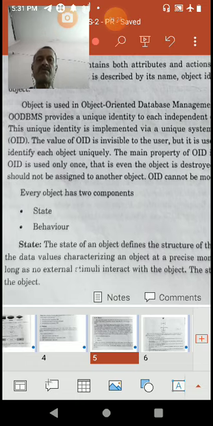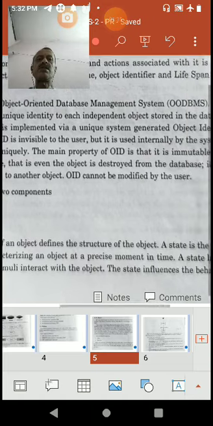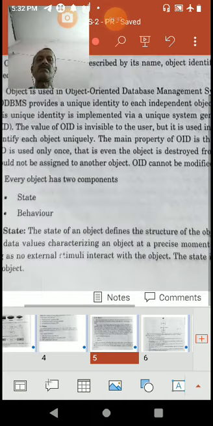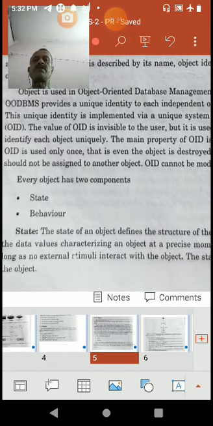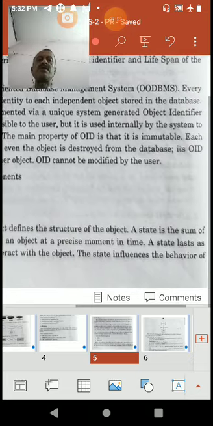The value of OID is invisible to the user, but it is used internally by the system to identify each object uniquely. The main property of OID is that it is immutable.